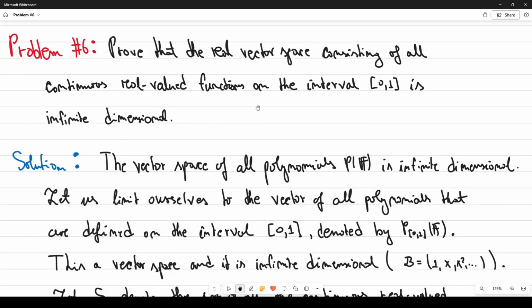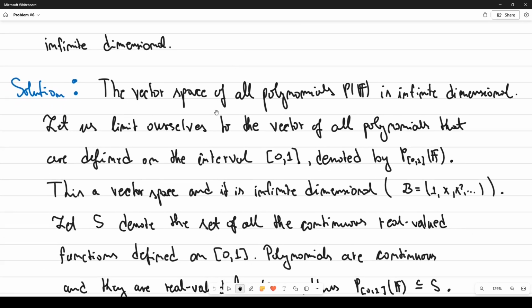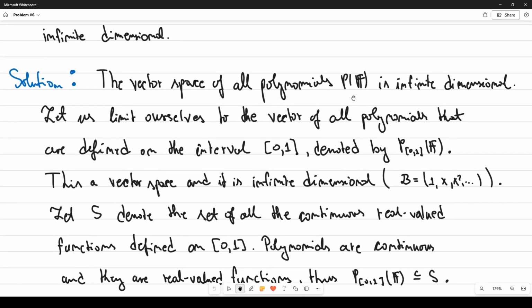Problem number 6. Prove that the real vector space consisting of all continuous real-valued functions on the interval 0 to 1 is infinite dimensional. So, the vector space of all polynomials is infinite dimensional.